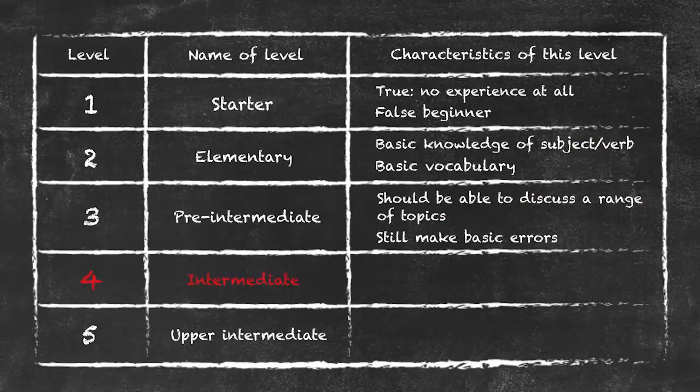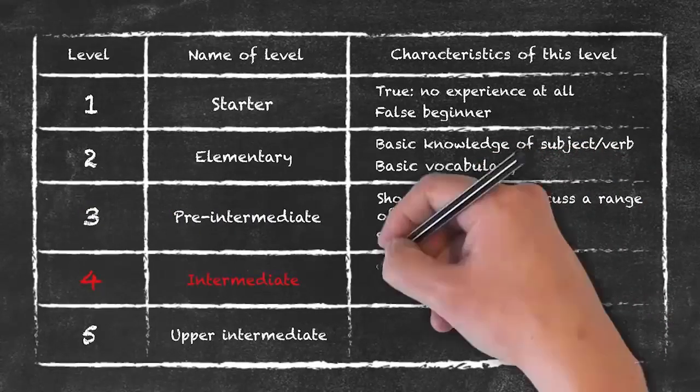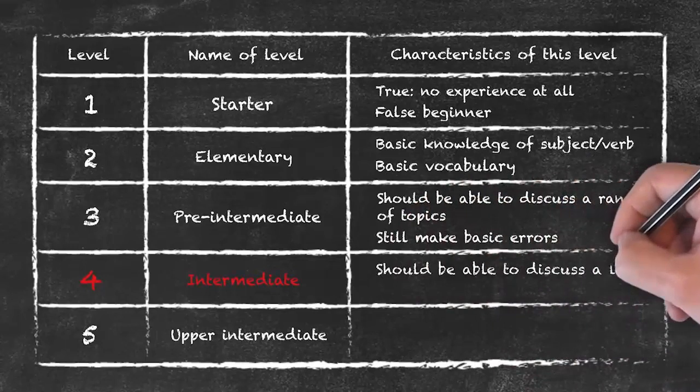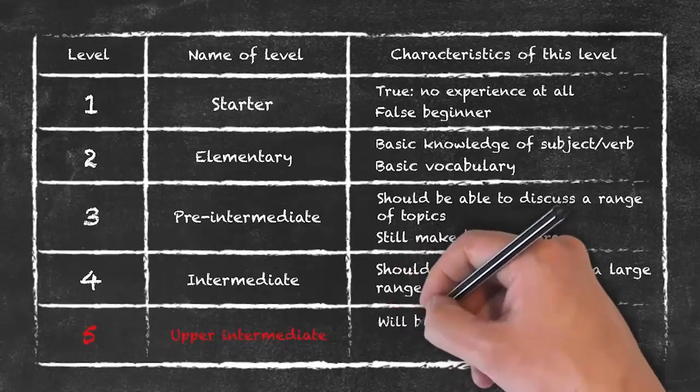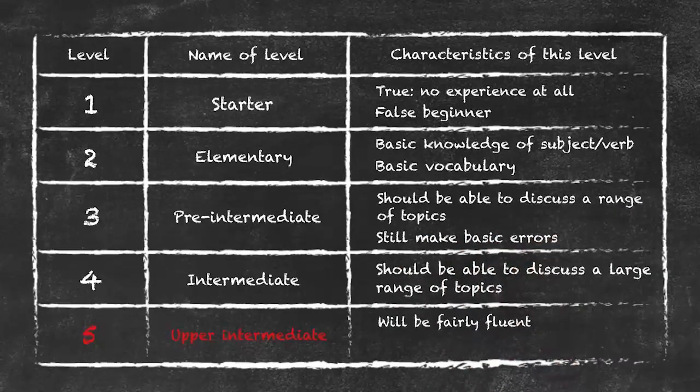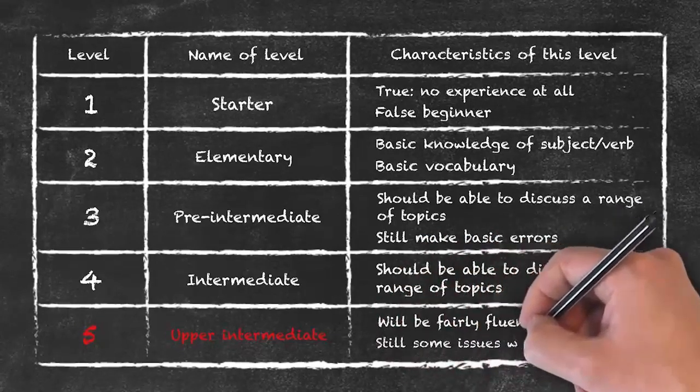Moving on to level 4, the intermediate students, they should be able to discuss a large range of topics, but there will still be some issues in terms of both their fluency and their accuracy. And finally, into the upper intermediate, they should be able to discuss virtually anything that you can come up with, and they should have a fair deal of fluency, although there still will be some problems with accuracy.